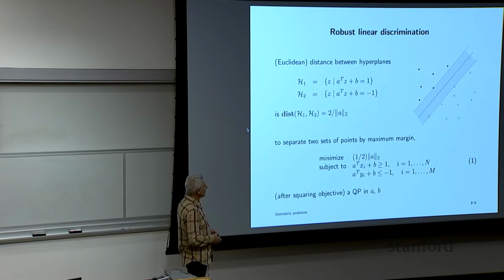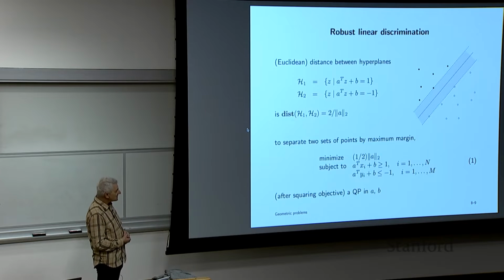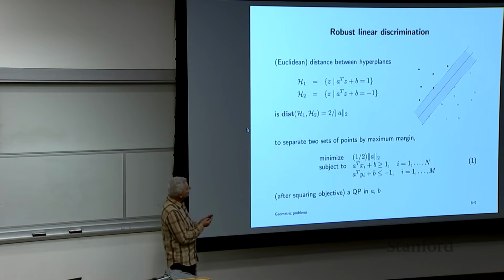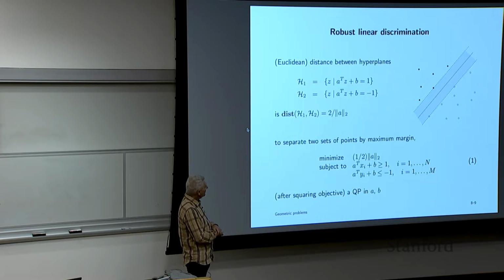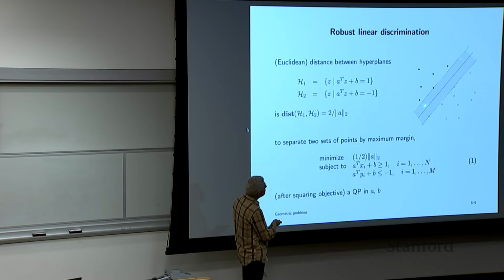That's a quadratic program. If you solve this QP, you'll actually get the thickest separating slab. Make sense? And in fact, there's an interesting way to get that slab. For this problem over here, I think this shows you the separating slab for these points and these points.